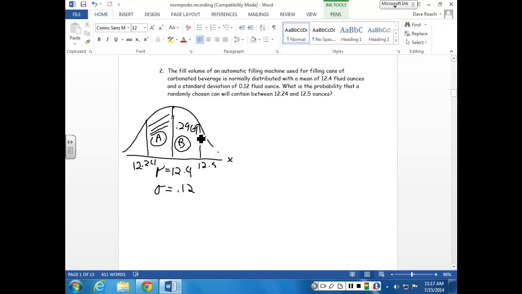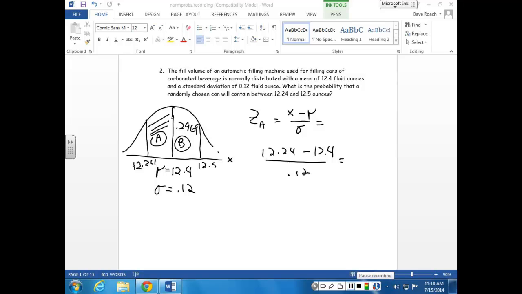So now we need to find area A, and I'll just put Z_A = (x minus mu) over sigma: 12.24 minus 12.4 over 0.12. And that's 1.33. That's the Z value. That's the number of standard deviations from the mean.